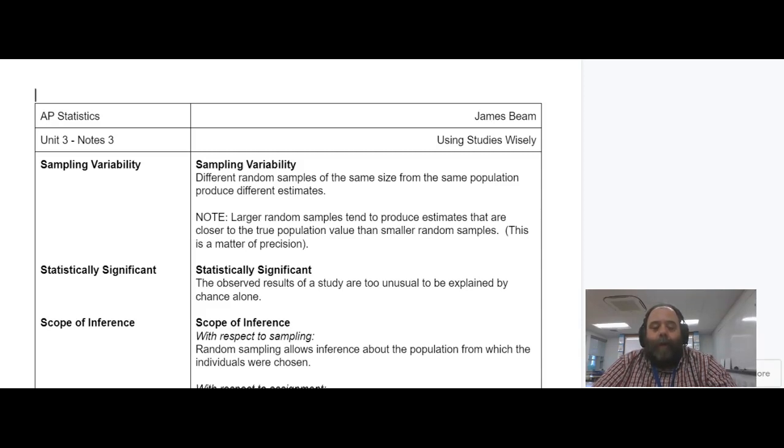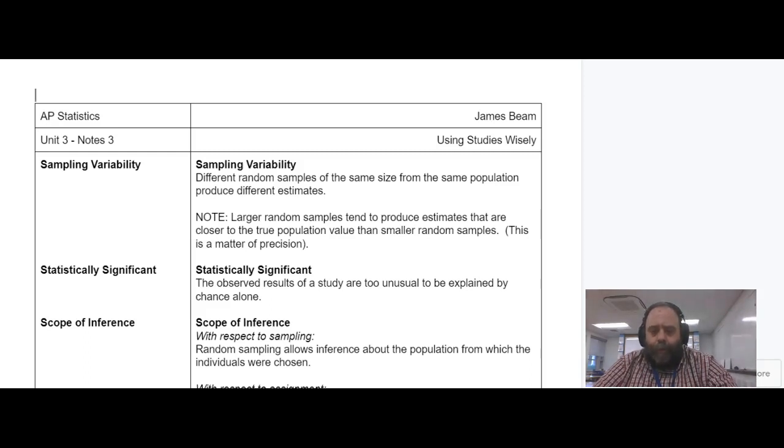Unless the population is extremely homogeneous and has no variability at all, there's going to be some variability there. A note on this is that we tend to believe that the larger the sample is, the more precise that sample will be. So if you take a large sample, the measure that you're taking, whether it be a mean or a proportion, will tend to be closer to the actual population value than that of a smaller sample.